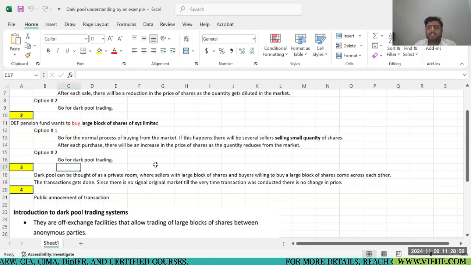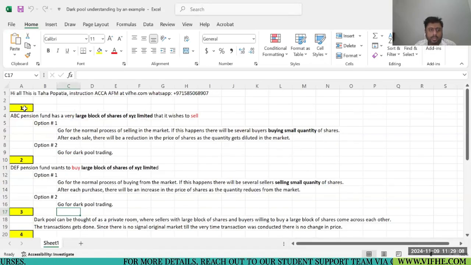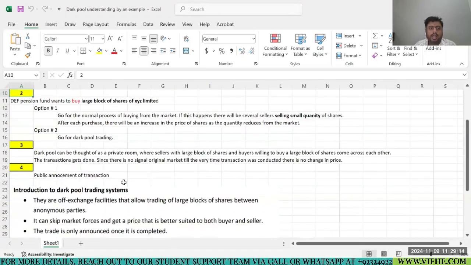So you can think of a dark pool that it is like a room where someone who is conducting transaction like 1 and someone who wants to conduct a transaction like 2 are operating, or they are in a single place at a single room. The seller and the buyer are going to conduct transactions between themselves.